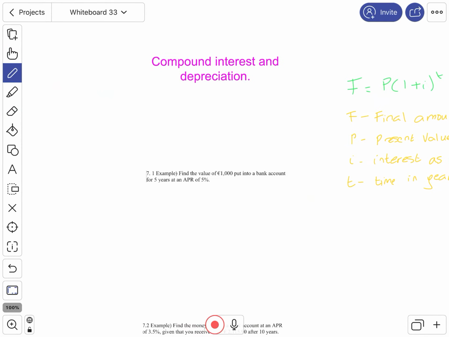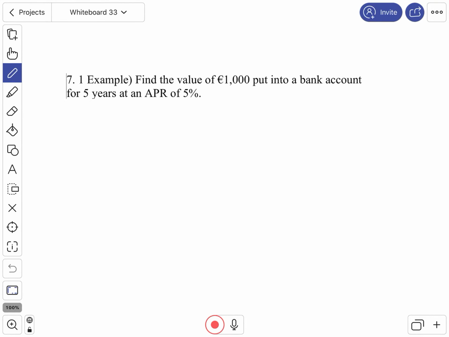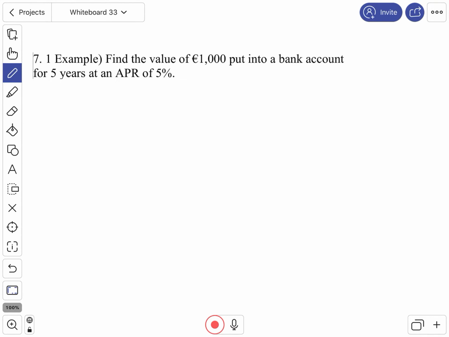So if we go to our first question, it says: find the value of €1,000 put into a bank account for 5 years at an APR of 5%. What we have to be careful of here is what values we've been given. So we'll write out our formula: F equals P by 1 plus I to the power of T. F is the final amount, the money I have at the end.